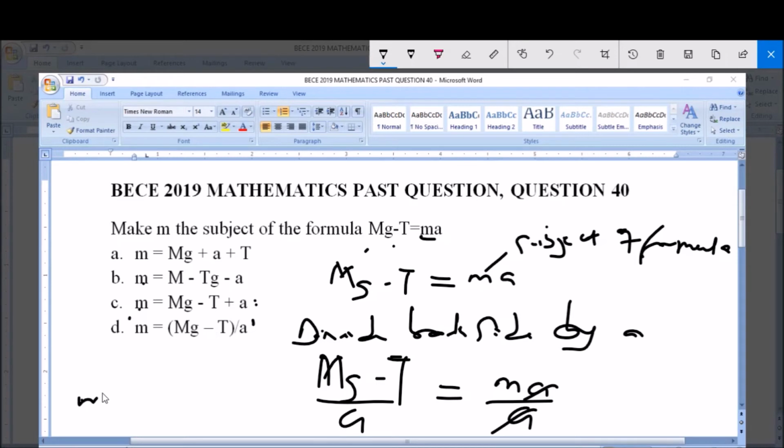We have that M is equal to Mg minus T all over A. Mg minus T all over A.